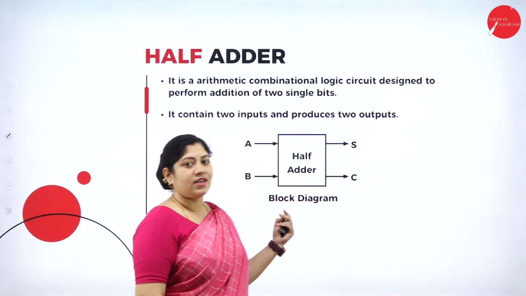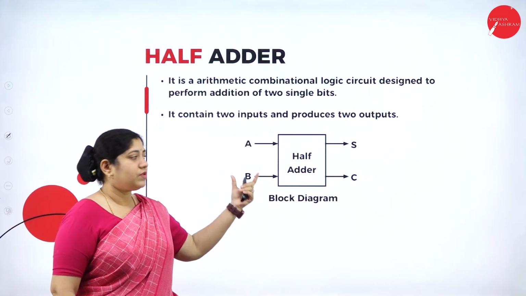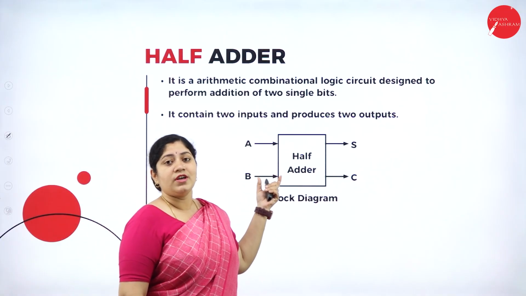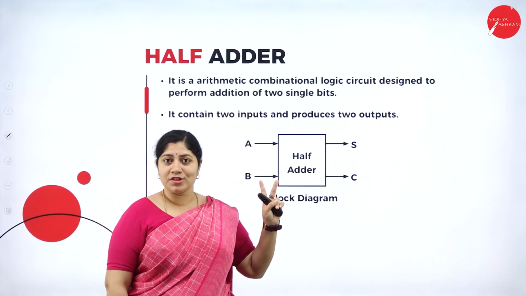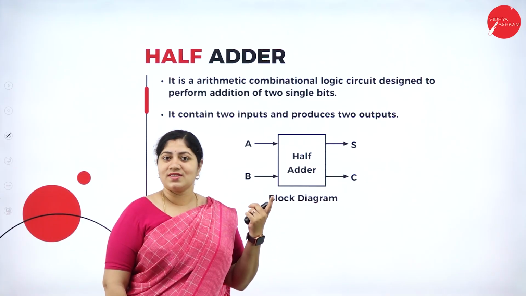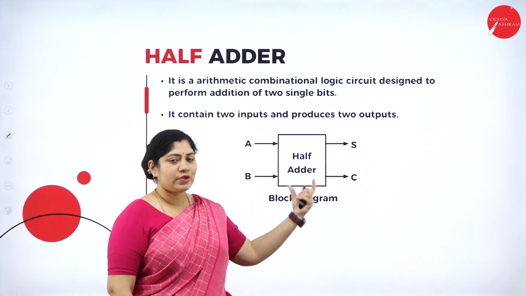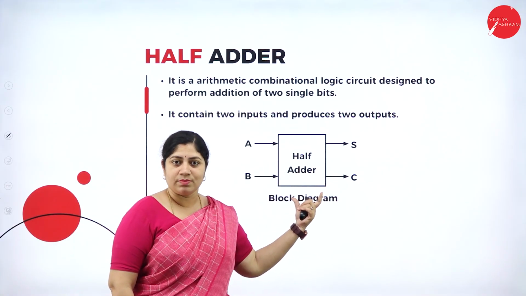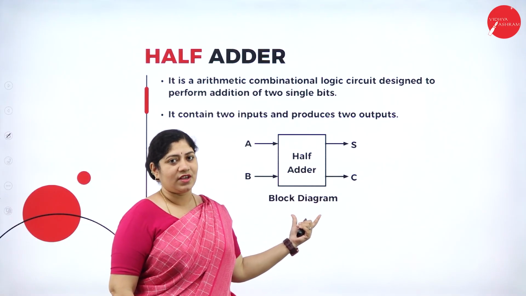So yes, this is nothing but a half adder block diagram, where it will have 2 inputs, that is A and B. Whenever we consider addition, we get 2 words in our minds. The first one is sum and the second one is carry, right? Yes, absolutely. Even here we use those same words, even with respect to our Boolean algebra or combinational logic circuits, we need the same thing.